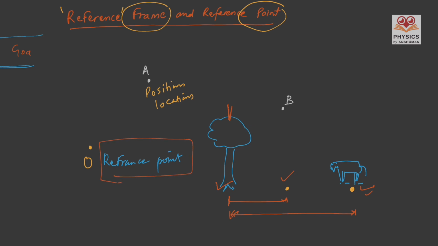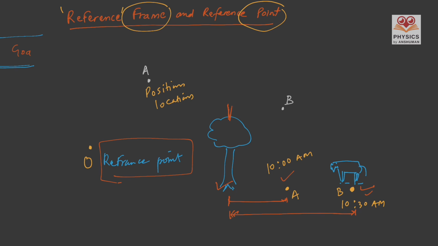So in the same example, if the cow is grazing at point A at, suppose, 10 a.m. and at 10:30 a.m. you see the cow is at a different position B, then we say the motion has happened. So what really happened here?